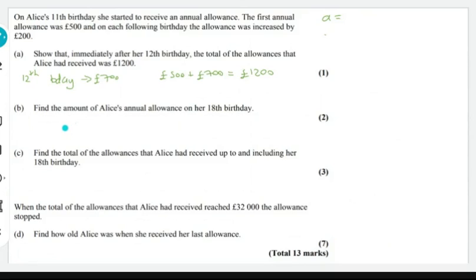Because it will start on the 11th birthday, then for n, the 18th birthday would be 17, isn't it? But wouldn't that be the 17th term? But wait, isn't the first term the 11th? Yeah, so then the second is the 12th. Oh, yeah, true. Okay.